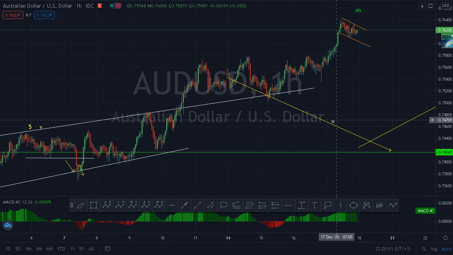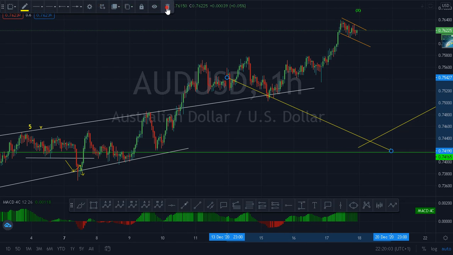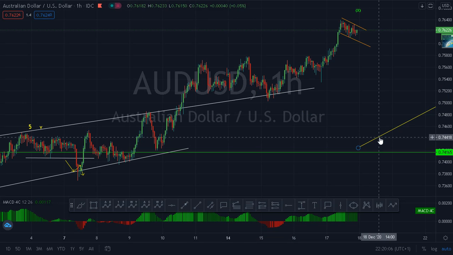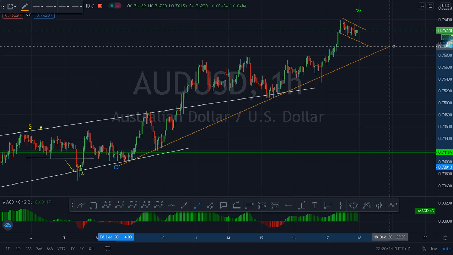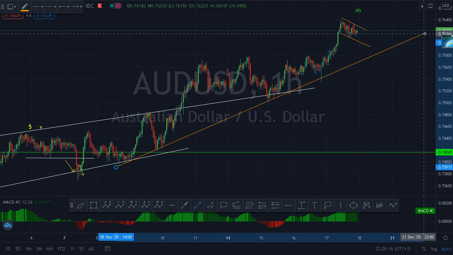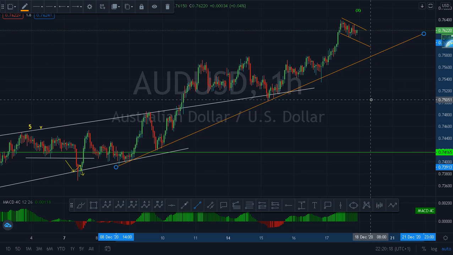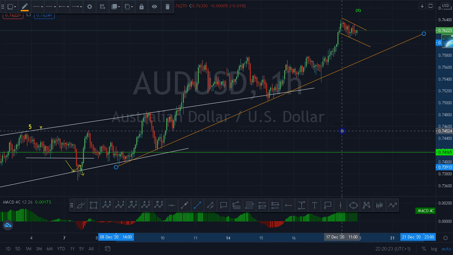The market will still go up. From the structure it is forming now, it will still go up. Maybe by next year we need to talk about selling, but for now it is buying all the way. So we might have something like this ABC before it keeps going up.